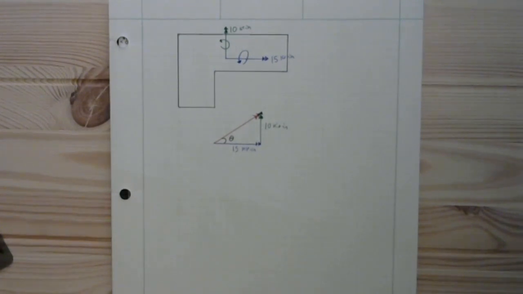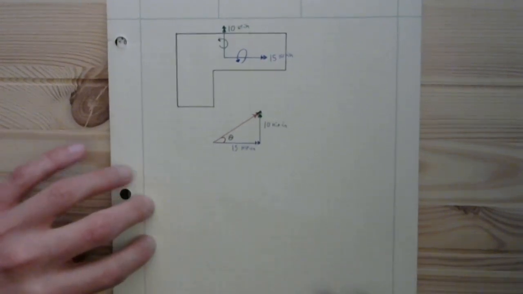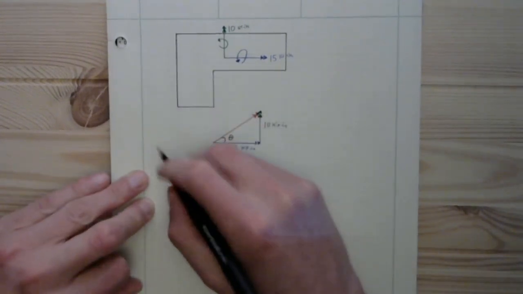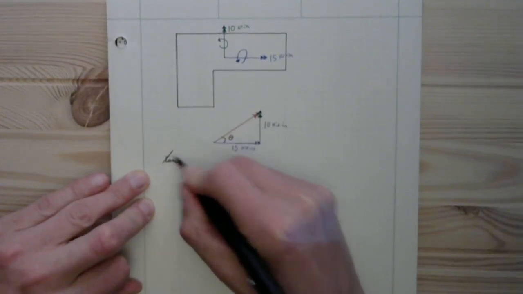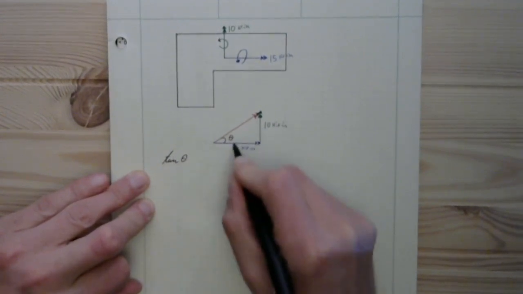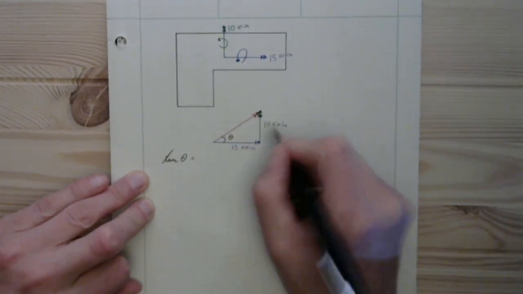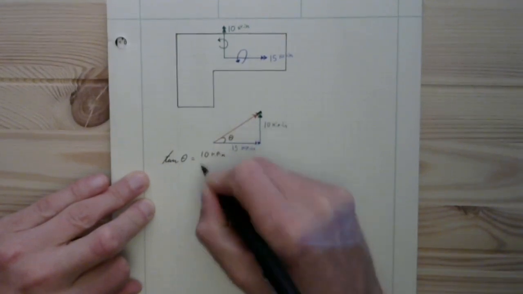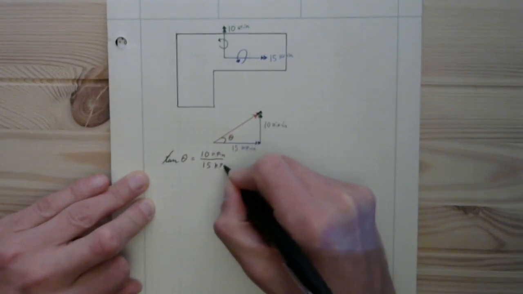So in that case, really there is only one way to proceed from here, right? We need to use a trigonometric function, so we can say that the tangent of this theta is equal to 10 kip inches divided by 15 kip inches.